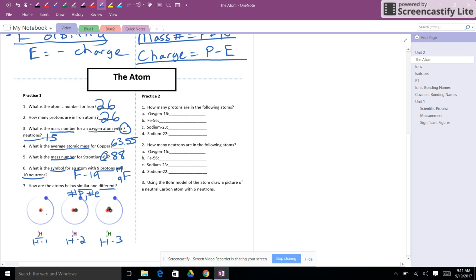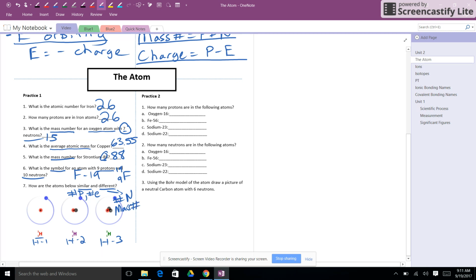Now, how are they really different here? This first isotope of hydrogen has 0 neutrons. This one has 1 neutron, and this one has 2 neutrons. So the thing that would be different is the number of neutrons, which would then affect mass number.